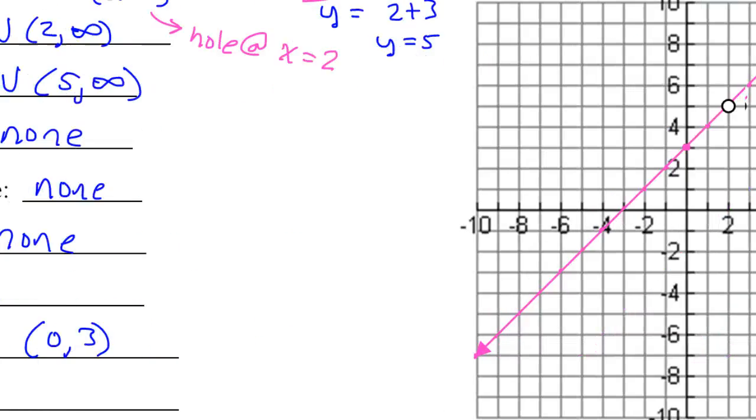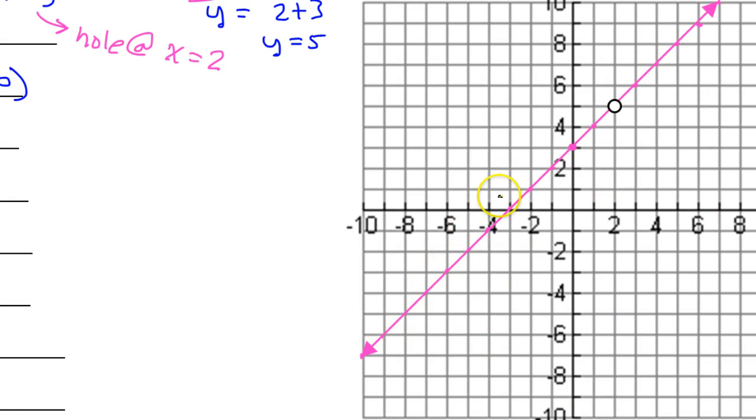Increasing intervals. Well, it's increasing over the entire graph, but because of the hole, we have to break it up into 2 parts. You can never include the hole in your interval. So it's increasing from, now we're doing x values, so I'm going to call this negative infinity, but not because it's going down, because it's on the left.